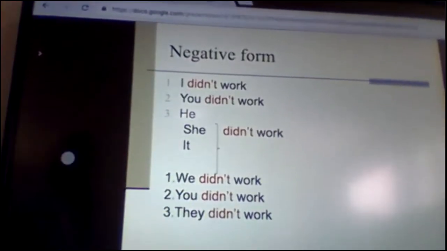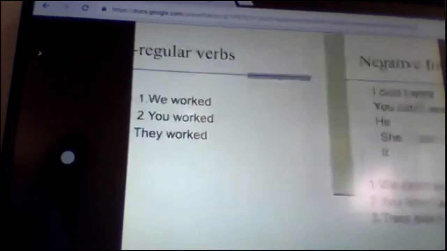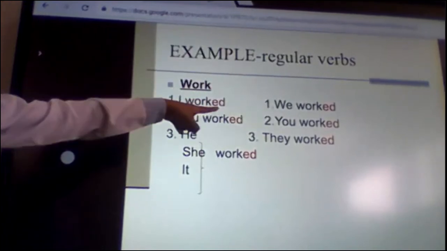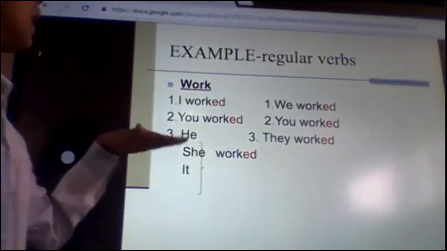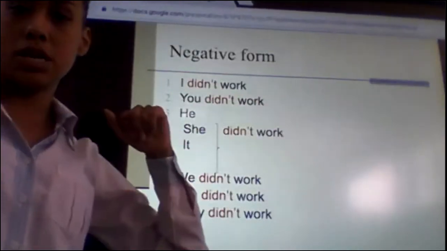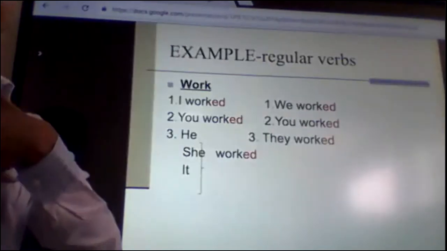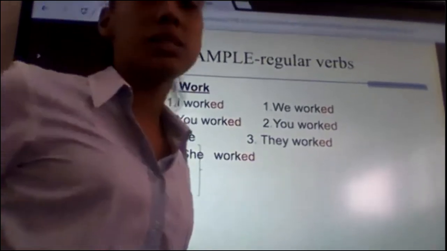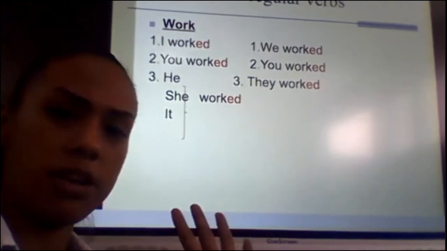So I have the positive form and the negative form of this. Example, regular verbs, work, worked. I worked in the school. You worked in the hospital. She works in the class. I don't know, any place, okay? Explaining especially not only there, I think it's better, right?